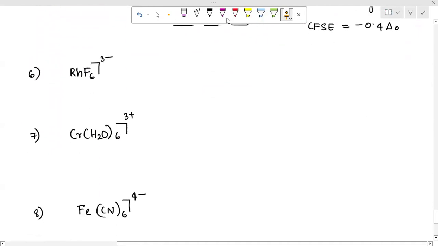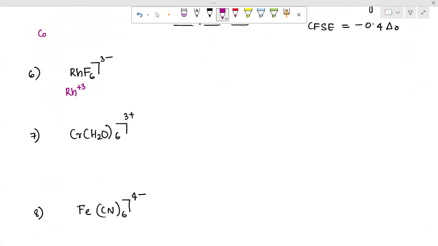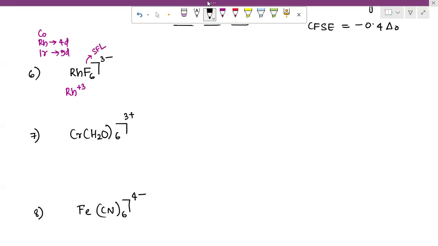Okay, next question. Rhodium. Oxidation state of rhodium is plus 3. It's cobalt, rhodium, iridium. We said that if you have metals which belong to 4D or 5D, whatever the ligands are, they would act as strong field ligands. Correct, because the overlap is so high that the splitting would be high.